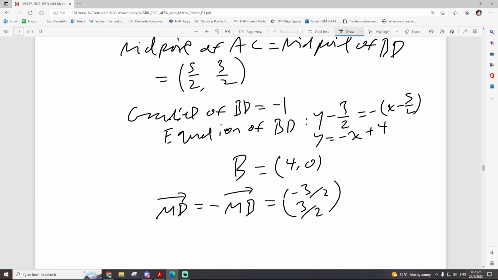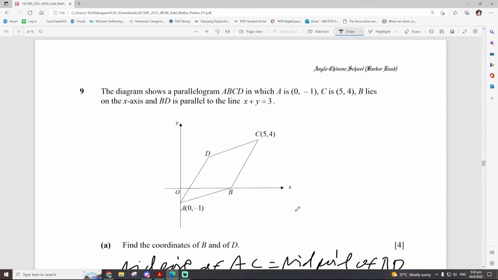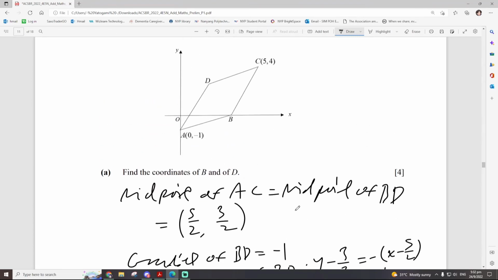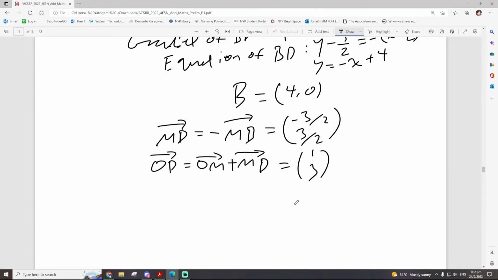Okay, so I'll find OD using this. This is OM plus MD, where OM is 5/2, 3/2. So this is 1 and 3. So D should be 1 and 3. Yes. Okay, so D equals 1, 3. Nice.